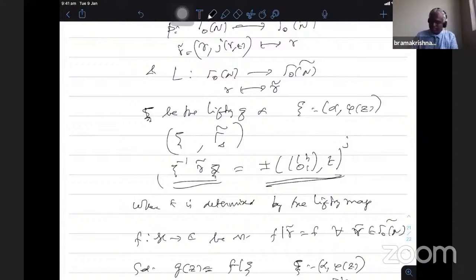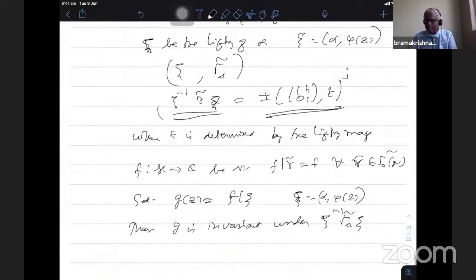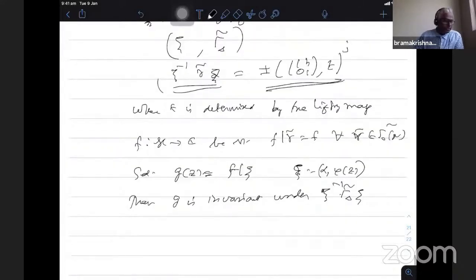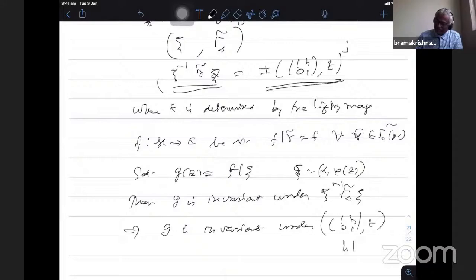Once you compute this, h is a divisor of n. These are all facts, and the smallest h satisfying this property is called the width of the cusp. So h is determined. This implies G is invariant under 1 h 0 1, t, where h is the divisor of n.